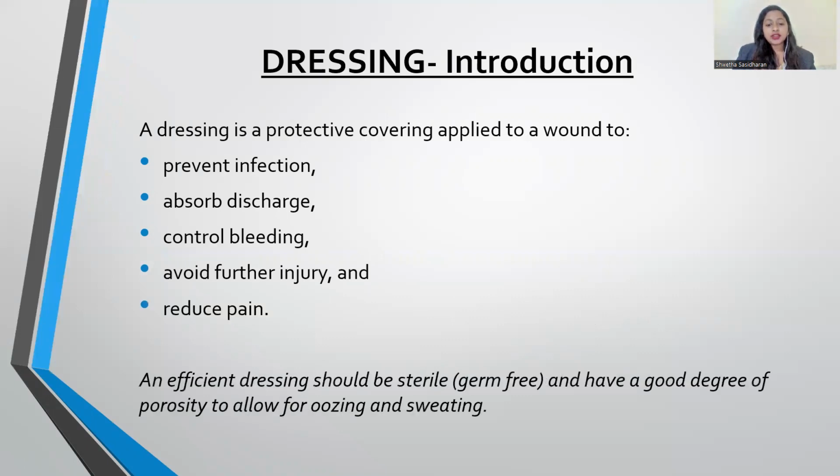An efficient dressing should be sterile, so we should be very careful when we give this kind of dressing to an open wound. If the dressing has been outside in contact with the air and is not in a sterile environment, it can cause a lot of problems when we put it over the wound.